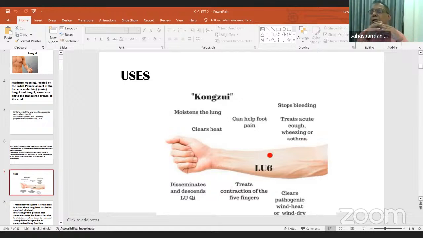So you can come to know what is the pathogenic wind heat and what is the pathogenic wind dry. Now, what are the consequences of this energy? So this point also clears the pathogenic wind heat or wind dry.